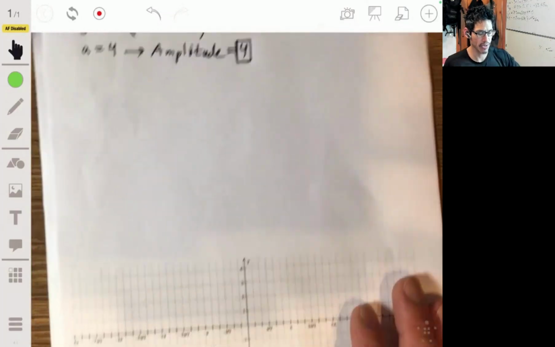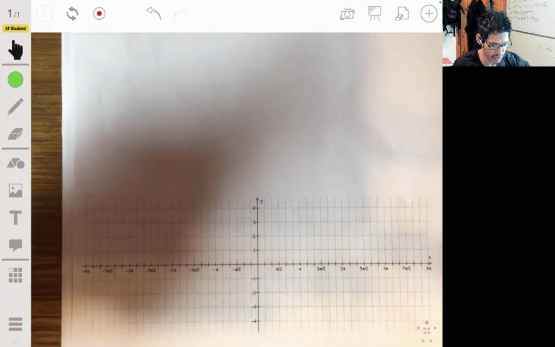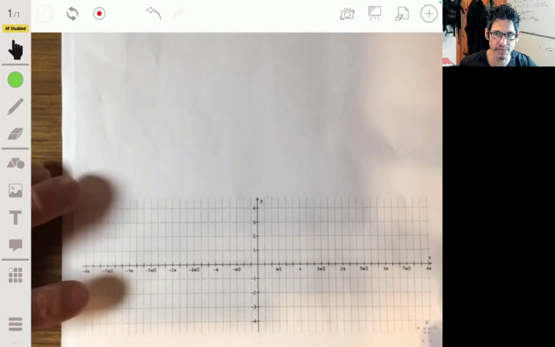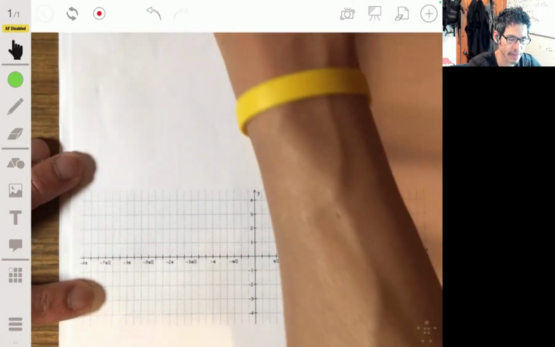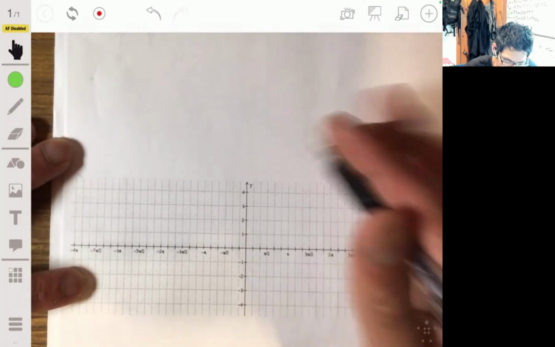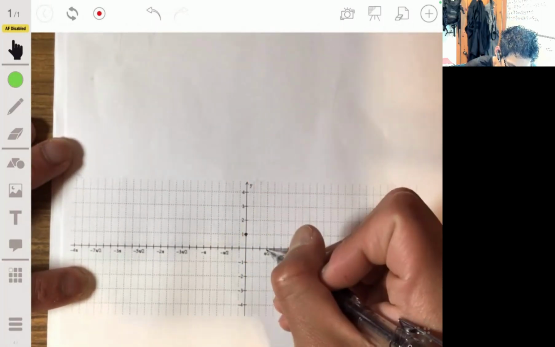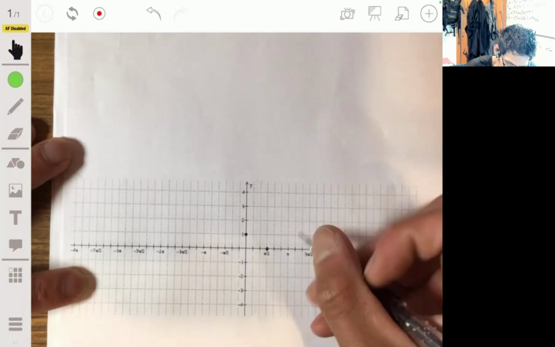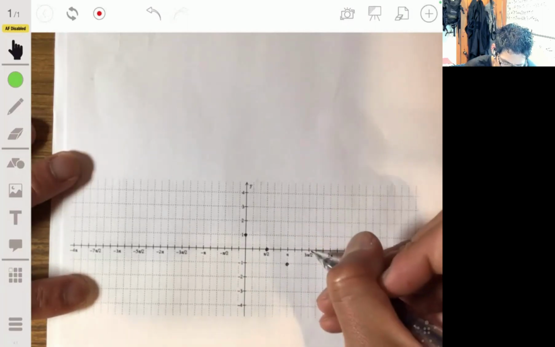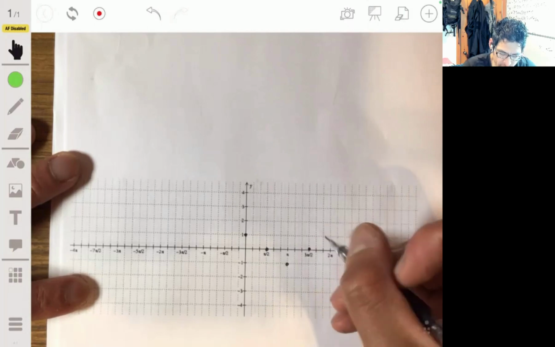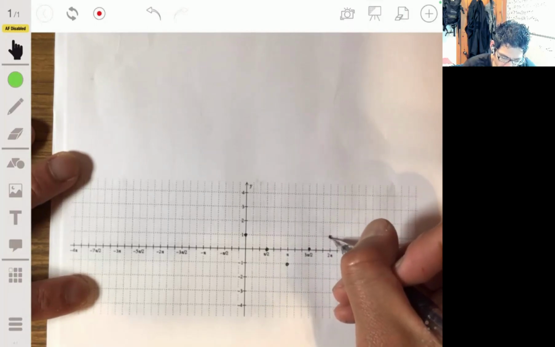Going down here, what may help at first is to graph the original cosine graph so you can see what I mean and compare it side by side. The original cosine graph starts at 0, 1, and goes to pi over 2, 0, pi comma negative 1, 3 pi over 2 comma 0, and 2 pi comma 1.